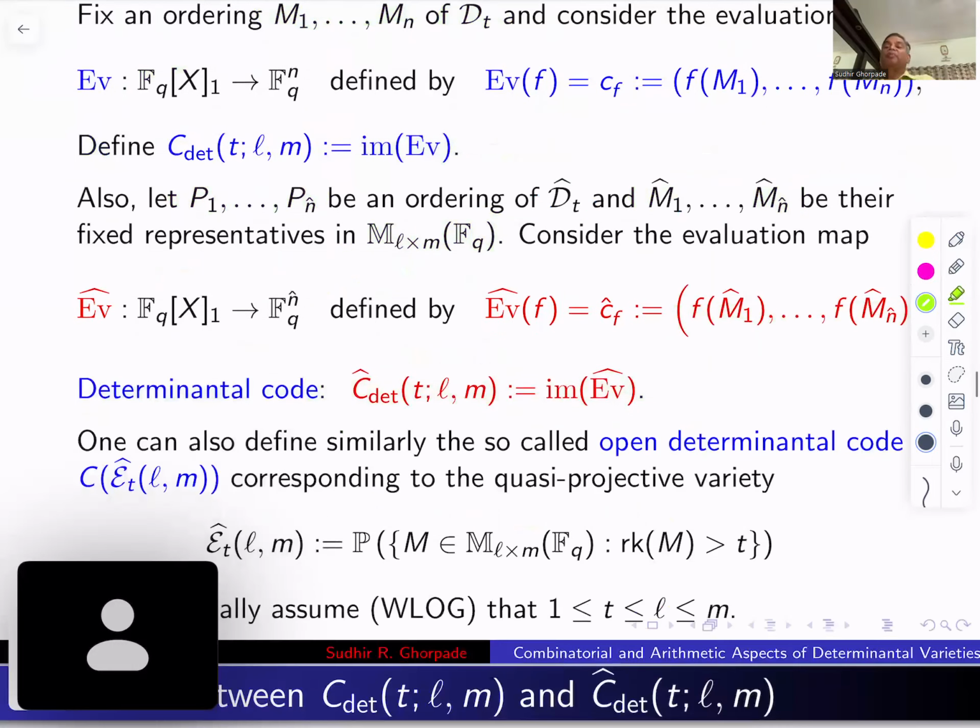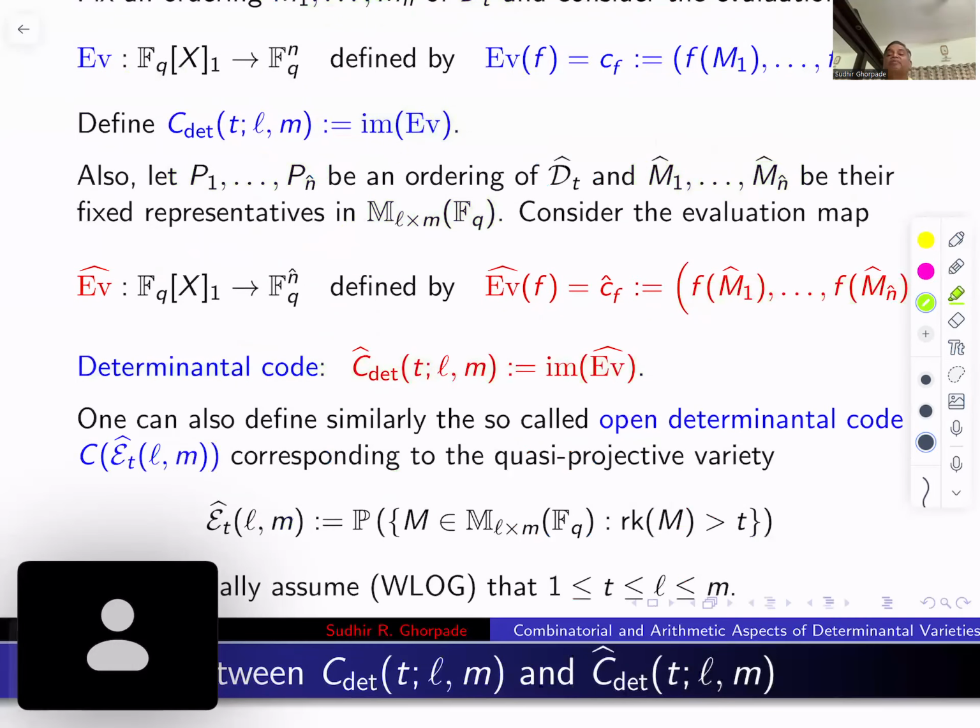There is something called an open determinantal code, which you can also define by looking at the complement of the determinantal variety. Instead of D_t hat for projective, I have called it E_t hat, which corresponds to the projective points of those matrices whose rank is strictly greater than t, the complement of rank less than or equal to t.